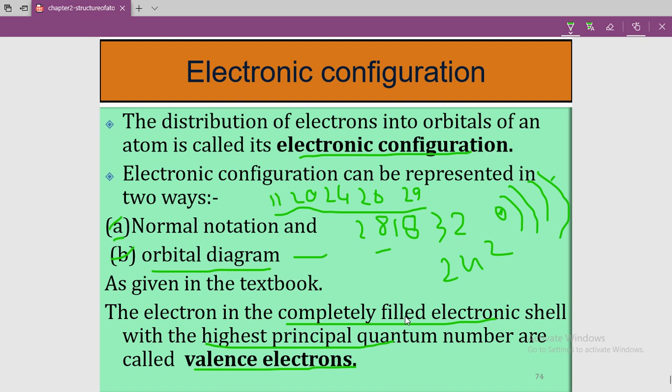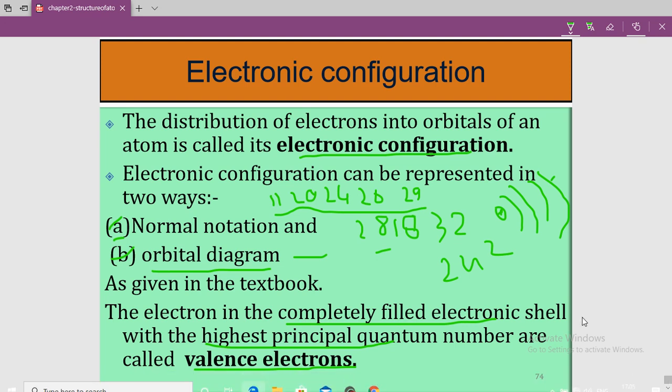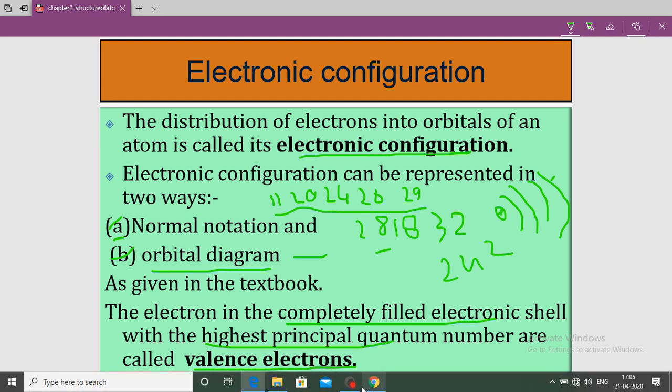And we will know the use of electronic configuration in construction of the periodic table, how the periodic table is constructed with the help of electronic configuration, and we will also know the properties of elements with the help of electronic configuration. Okay, this way I completed this chapter, and if you have any problem you may ask.